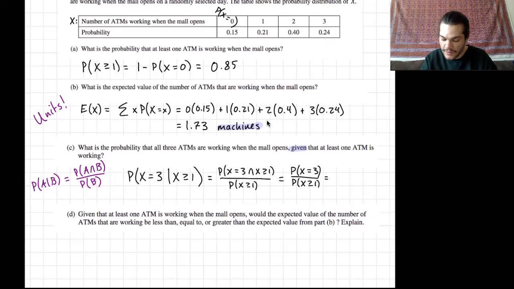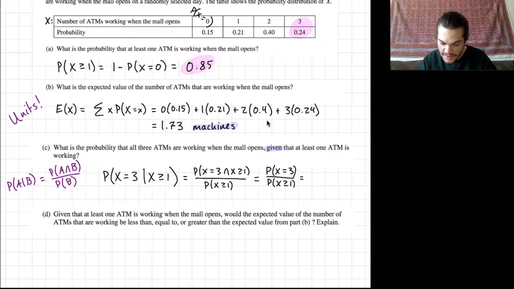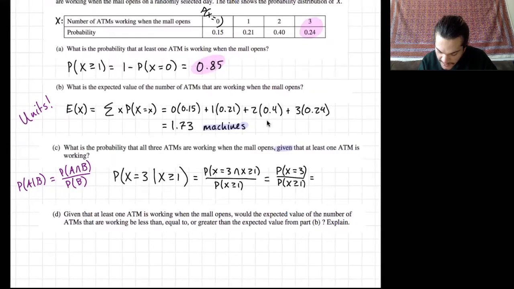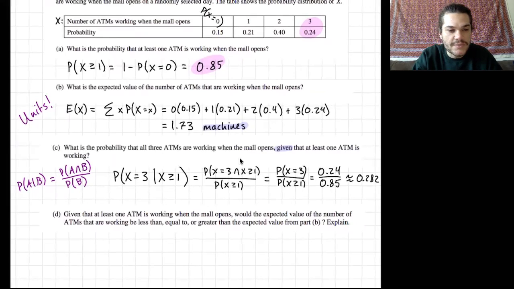And that gives us 0.24 over 0.85, which is approximately 0.282. So that's part C, the conditional question.